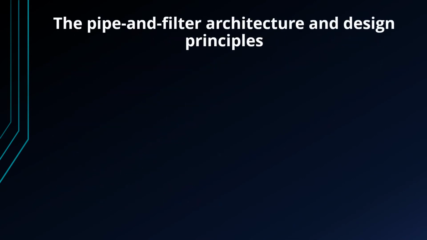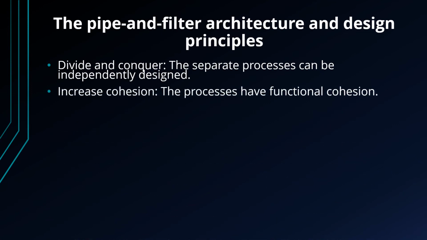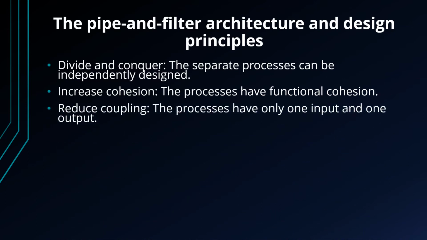So these are the principles of pipe and filter architecture and design. In divide and conquer, the separate processes can be independently designed. Increase cohesion: the processes have functional cohesion. Reduce coupling: the processes have only one input and one output.